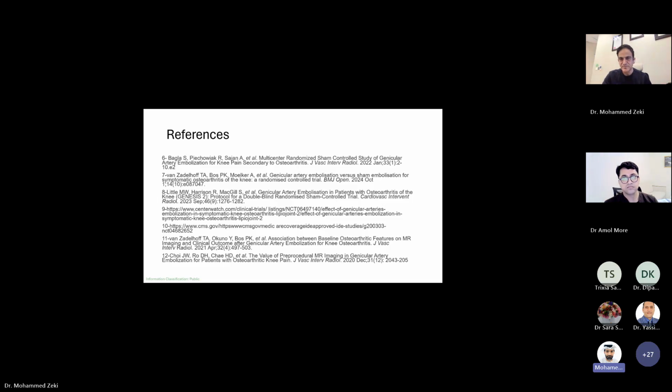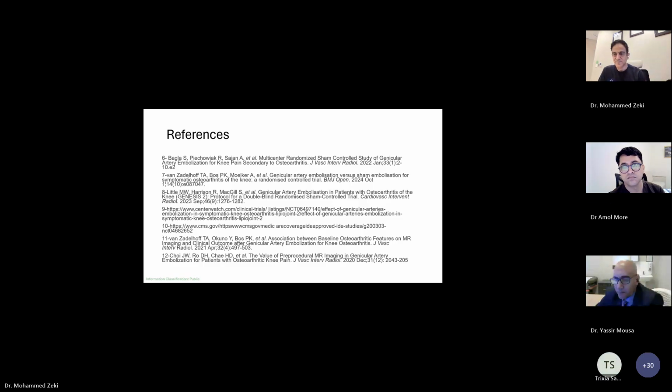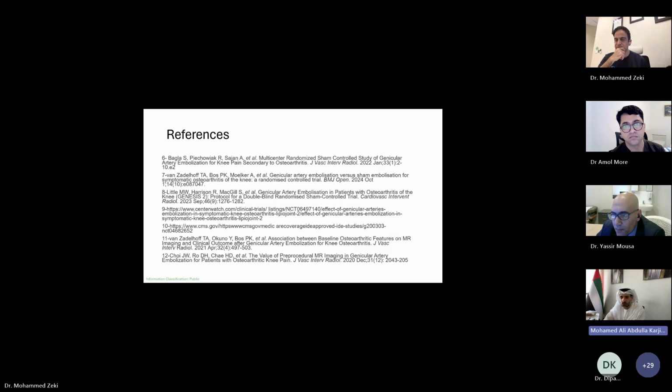The only thing is, Dr. Zaki, we need to emphasize how it looks in the MRI and the CT scan. It is very important to educate the diagnostic radiologist about the findings, because now we're talking about angiogenesis, that means knee MRI with contrast. Otherwise, if you do a knee only without contrast, you will not see that it's inflamed.